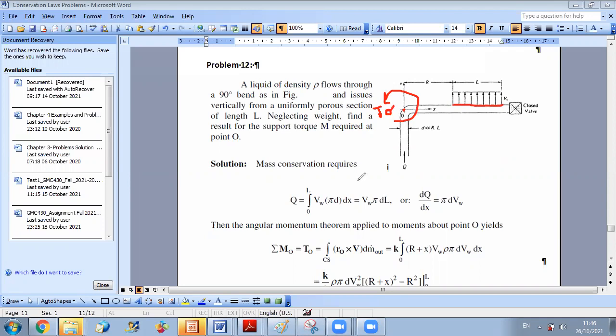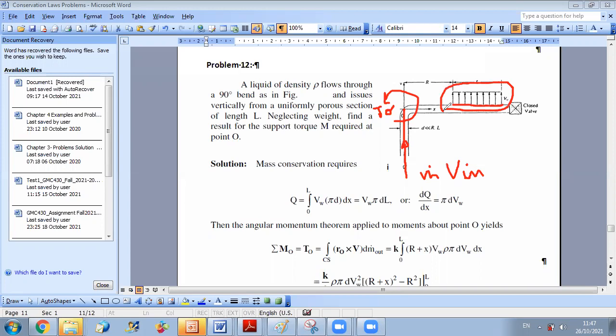In this problem, the inlet is from this side, so this is m dot Vn vector. This vector is passing by O, so it cannot produce a moment about O. So the rate of angular momentum for the inlet flux is 0. So you just have to compute the angular momentum rate at the outlet.